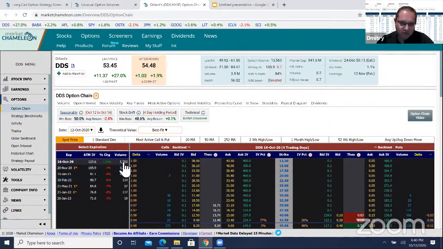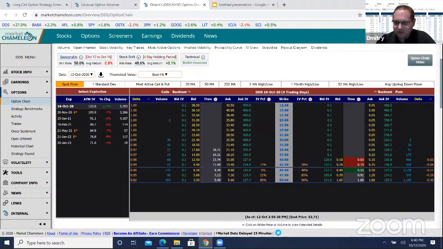Then I would say, okay, there's 5,700 contracts on October 16th, 4,000 on January 15th. These are the different expirations. Then on October 16th, I'd have to go and find the most active option, 2,000. Let's make it easier and just screen for whether this 2,000 contracts is unusual.